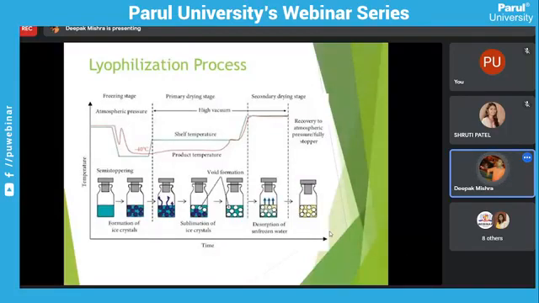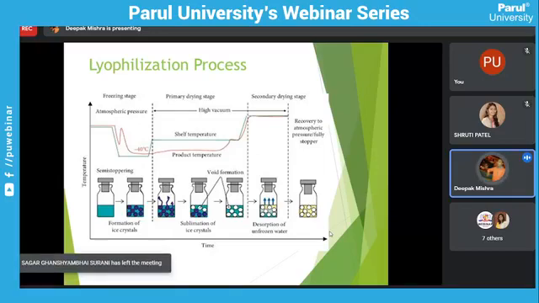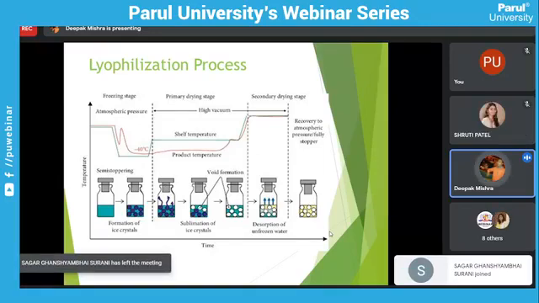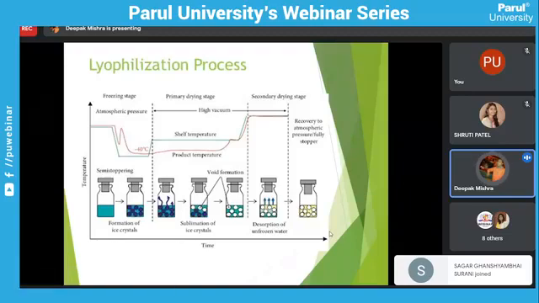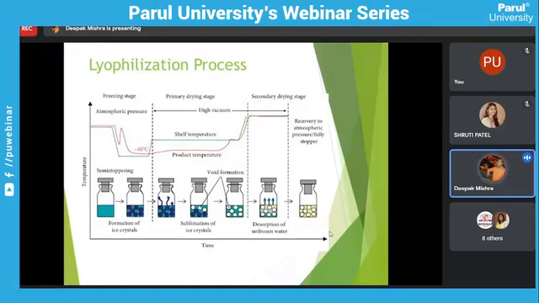In primary drying, there is sublimation of ice crystals and void formation, removed with the help of vacuum. In secondary drying, there is desorption of unfrozen water, and our drug product has less than 2% or 3% water at that time. 2 to 3% is a good water content in our molecule, because it will not impact stability; it differs from product to product.